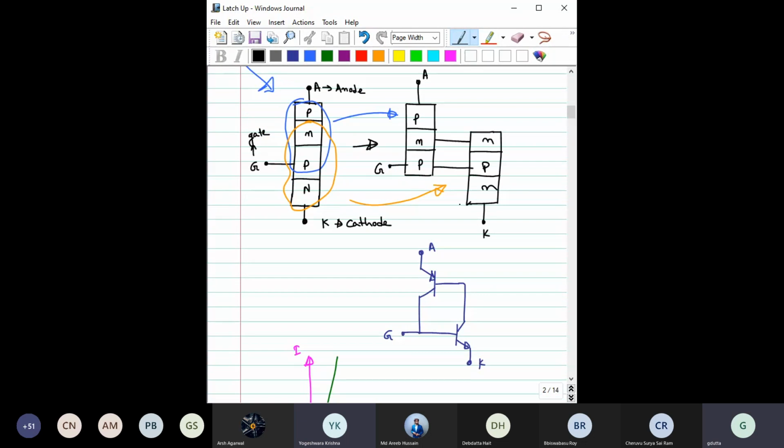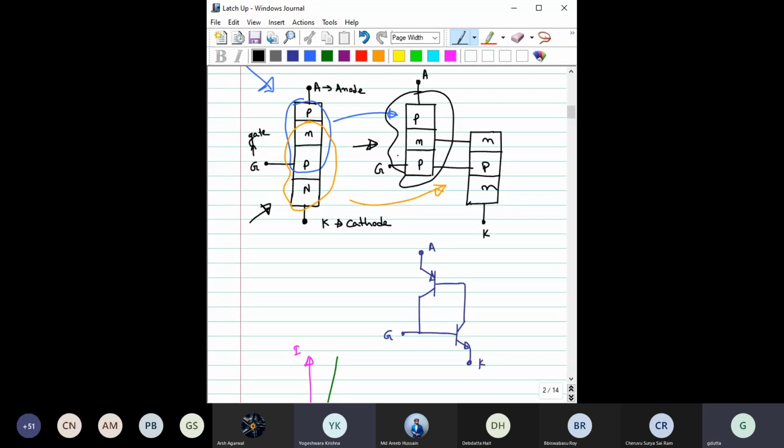Why are we doing this? Because we want to correlate this device with one of our known structures. This structure looks known to us, which is a PNP bipolar junction transistor, and this is an NPN bipolar junction transistor.